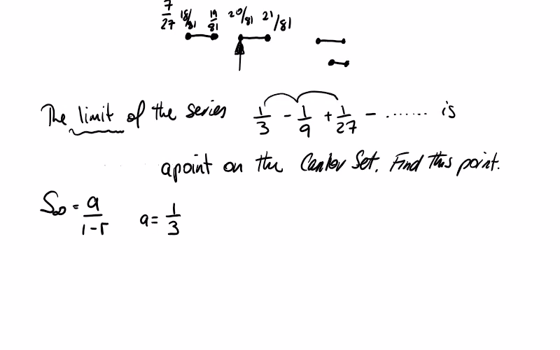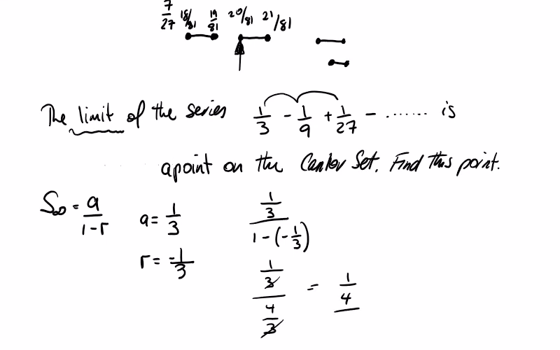Minus a third. The ratio is minus 1 over 3. So put that in, a third over 1 minus minus 1 over 3 is a third divided by 1 plus a third, divided by 4 thirds. So the denominators cancel and we're left with a quarter.